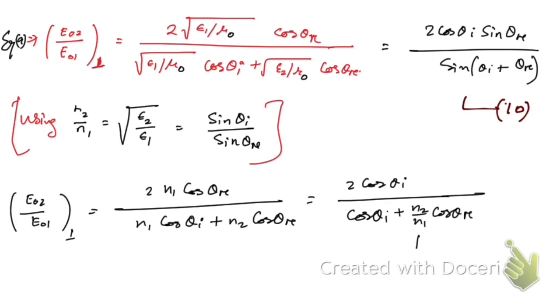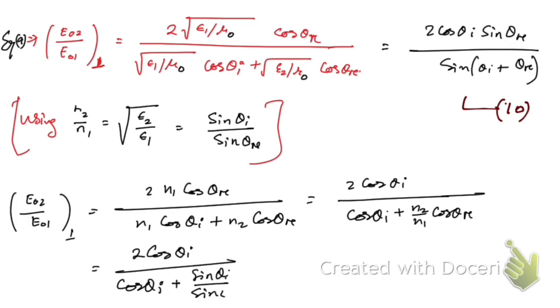Now if you replace this n2 by n1 by this value using Snell's law, then we have 2 cos theta I by cos theta I plus sin theta I by sin theta r cos theta r. That's what we're going to have, right?